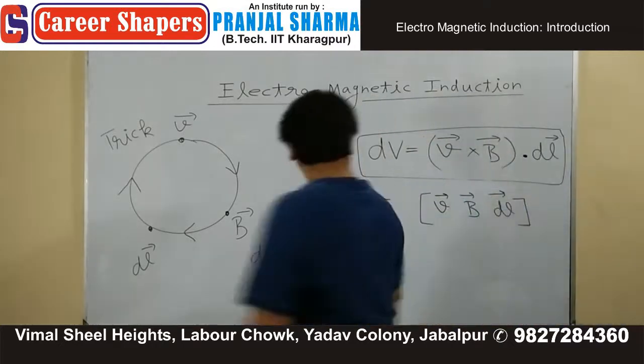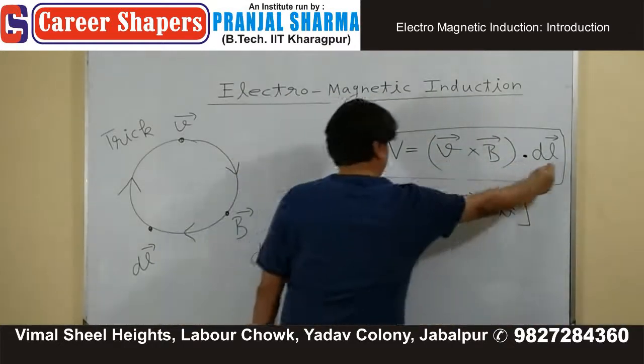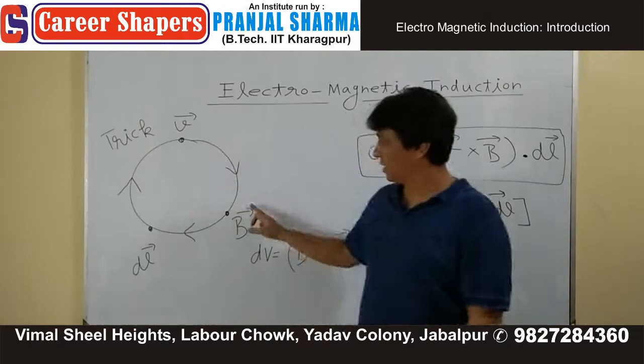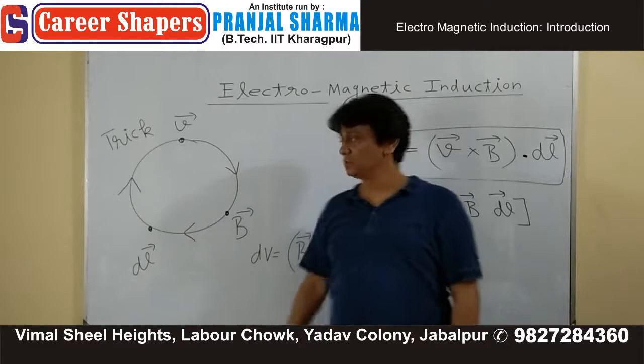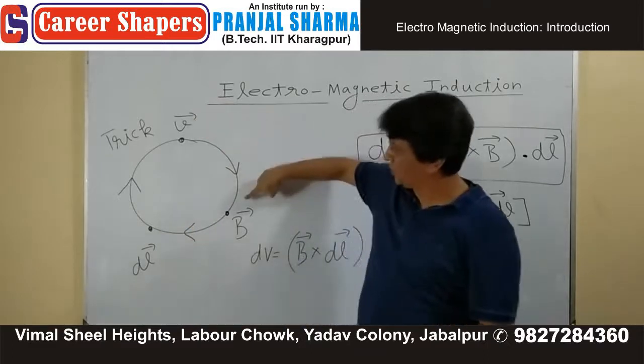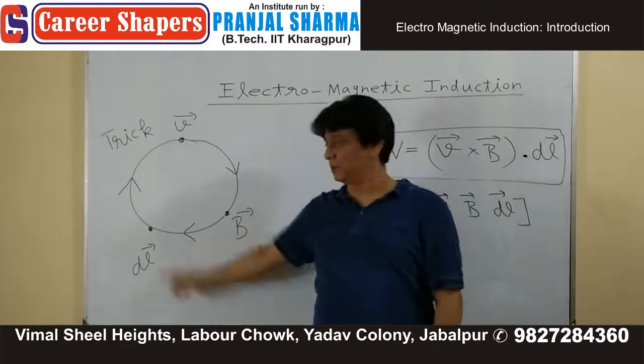The first one was what? V, B, dl. Follow these clockwise arrows. Take cross of these two, dot with the third.